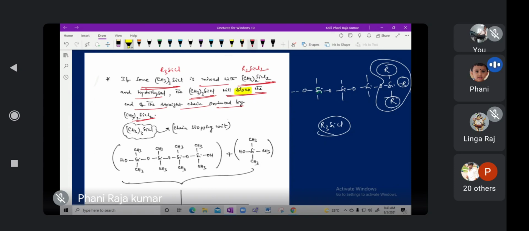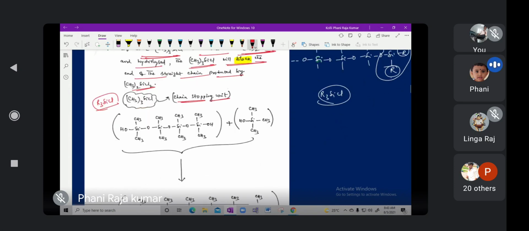This R3SiCl blocks the chain length formed by R2SiCl2. That's why R3SiCl is called the chain stopping unit.